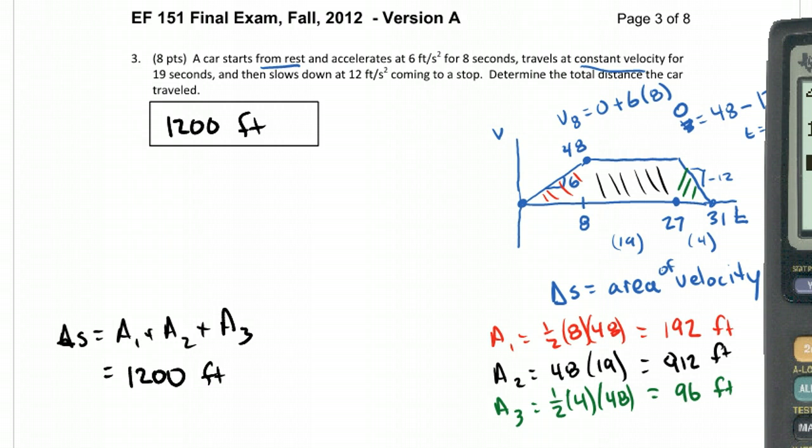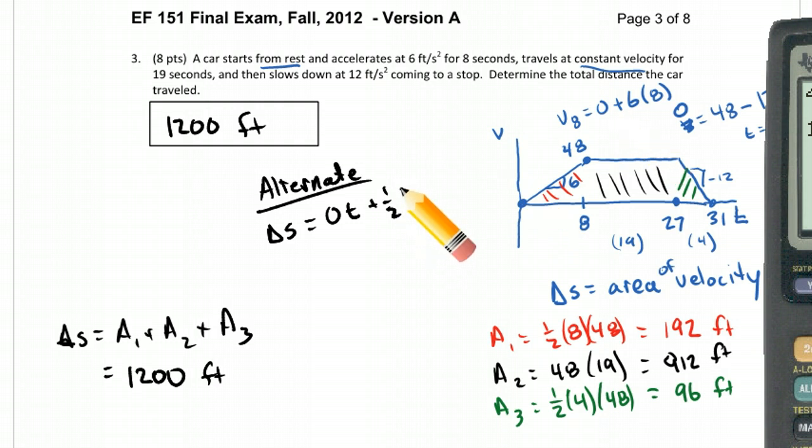I could have worked this in 3 parts using constant acceleration equations. I'll just write those out real quickly. So here's an alternate way of doing it. I could have delta S. Okay, I know my initial velocity was 0, and then I know my acceleration of 6 and my time squared.